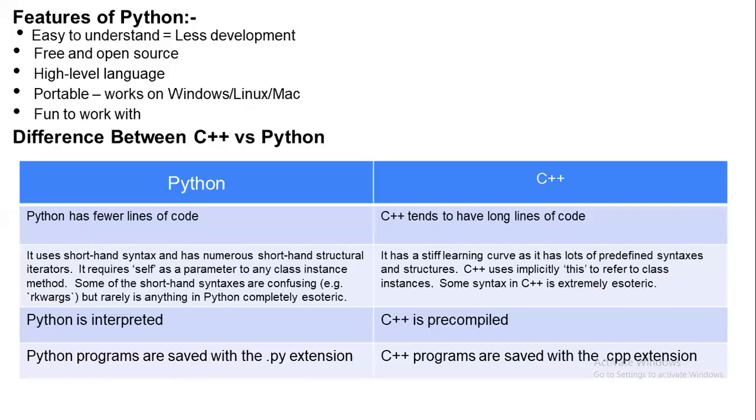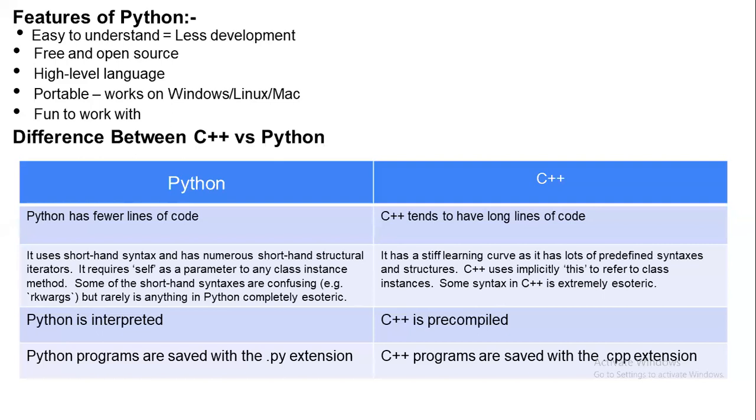Since you have studied C++ before, surely this question will come to your mind: what is the difference between C++ and Python? Python has fewer lines of code. To get some output, you require very few lines of code.